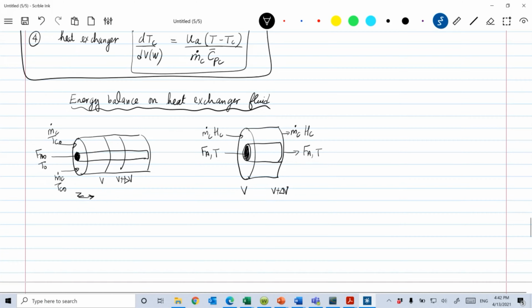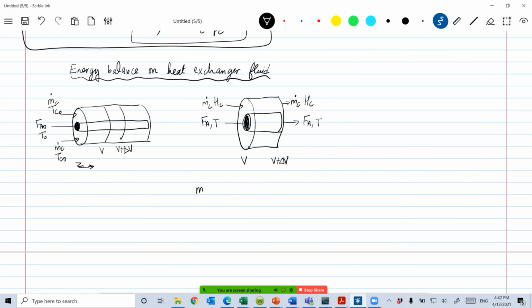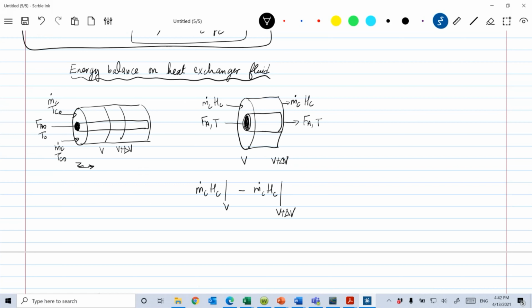We can do the same thing with the energy balance, where we look at mass flow rate times enthalpy of the heat exchanger fluid at V minus that at V plus delta V, plus the heat that is added through this wall. This is your delta Q, so you have flow of enthalpy and then heat exchange. That heat is UA(T minus TC) times delta V.